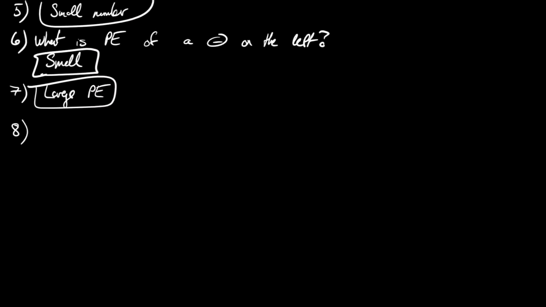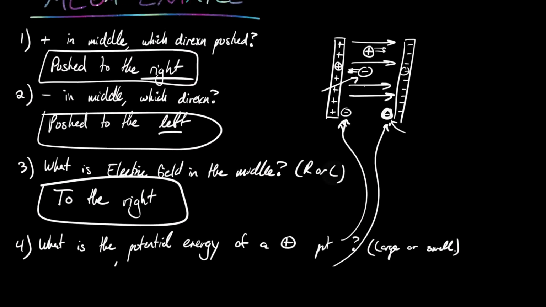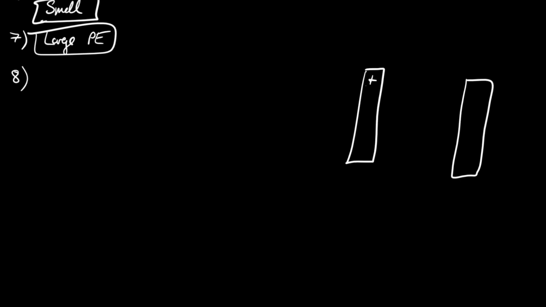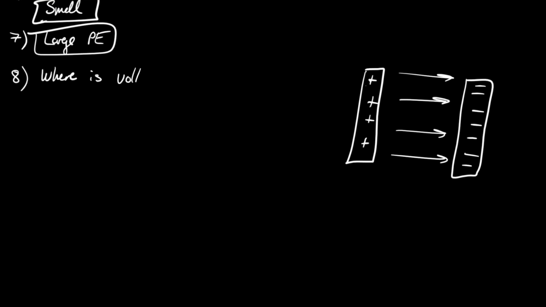All right, 2 more questions, and then we'll be good. I'm actually going to redraw the diagram down here. Again, these are the electric field lines. Where is voltage large?